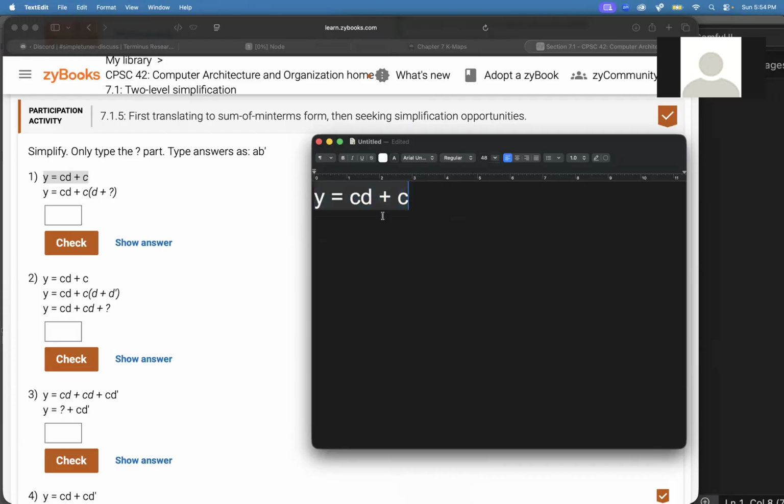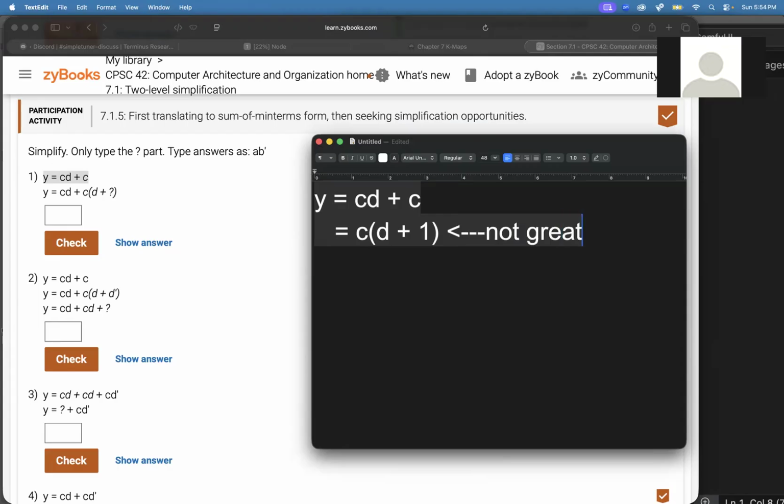Big. Okay. So you have this right here and you wanted to simplify it. And you can't really just factor out, right? You factor out a C and you get D or 1, and this doesn't do you really that much good.